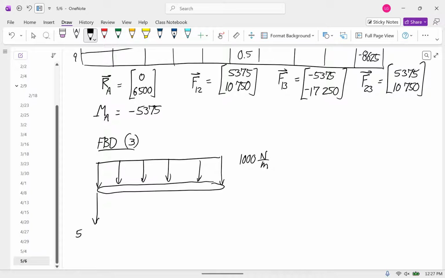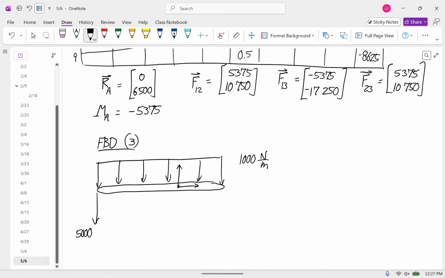And we have the 5,000 here. And here at the joint, I think this was the one I called D. This is the force on 3/1, or negative F13, sorry.